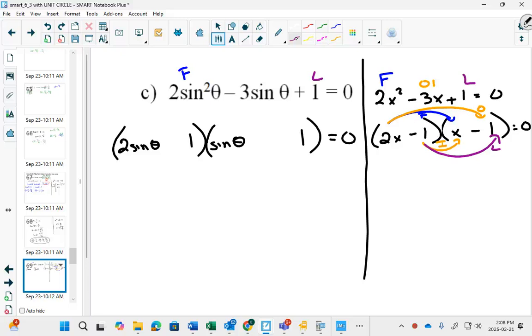My outside and inside, 2 sine and 1 sine, have to give me the minus 3, so they both have to be negative. And then we can split things up here. And we get sine theta is a half, because that's what would make it equal to 0. And here we would get sine theta equal to 1, because that's what would make that equal to 0.